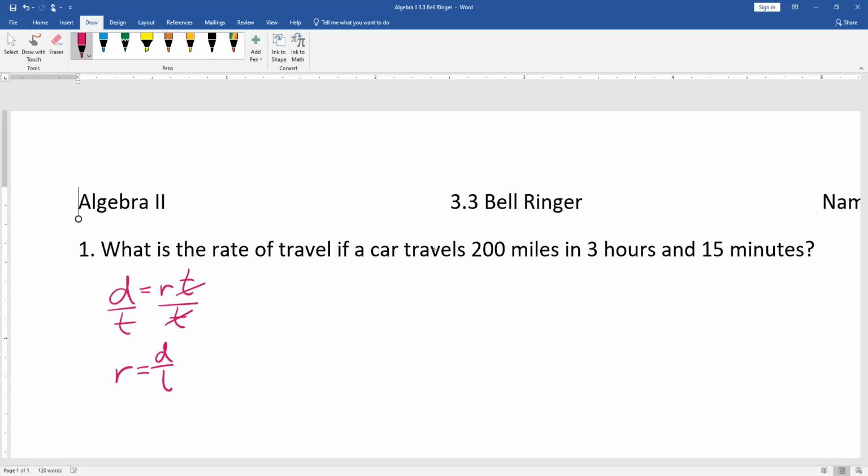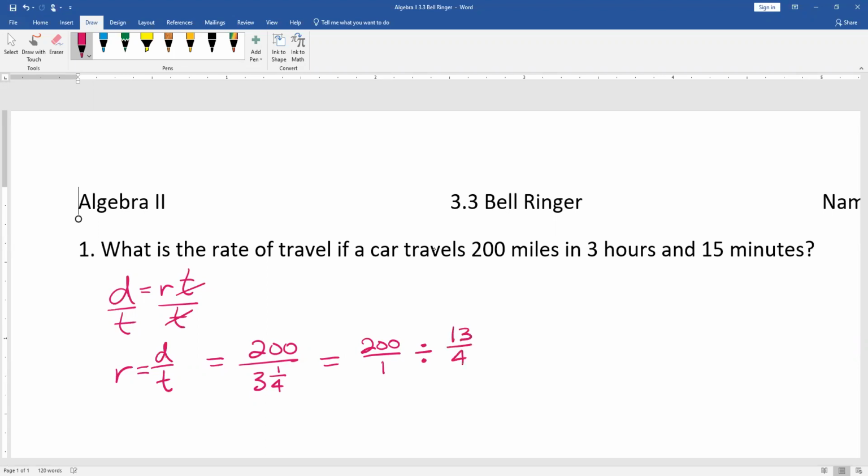So rate equals distance divided by time. The distance we're given is 200 miles, and the time we're given is 3 hours and 15 minutes, which I'm going to write as a quarter of an hour. So I'm going to convert this into division since I'm having to divide fractions. So this is 200 divided by 3 1/4, which is 4 times 3 is 12, plus 1 is 13.